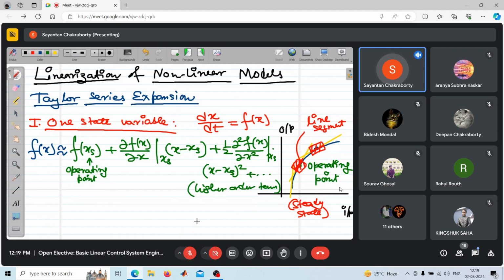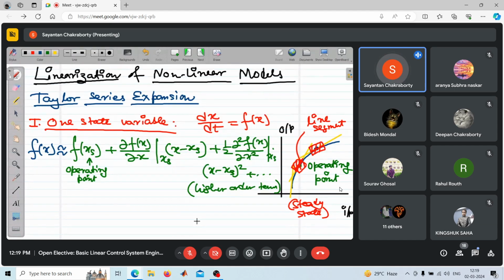This is basically the Taylor series expansion about the operating point, since each and every derivative, first order or second order partial derivative, is calculated about the steady state operating point around which we are trying to linearize.